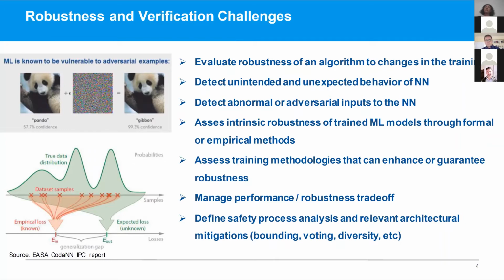And last but not least, when everything else intrinsic to the neural networks have been checked and failed actually. And here I come to the presentation by Simon. We need to have a holistic view and to define all the safety mitigation aspects in order to ensure the safe functioning of the network.